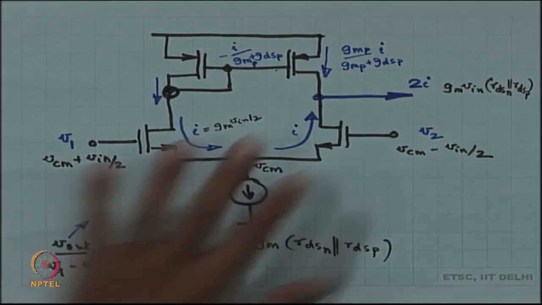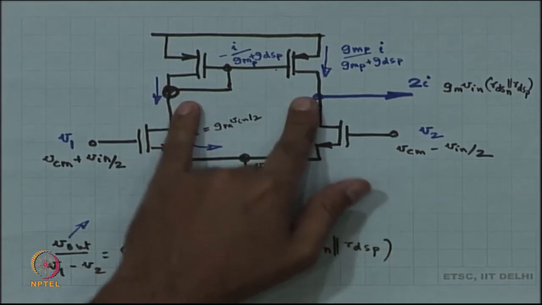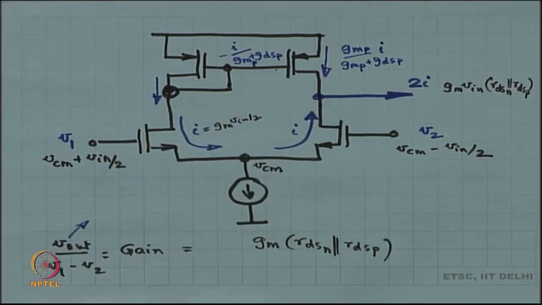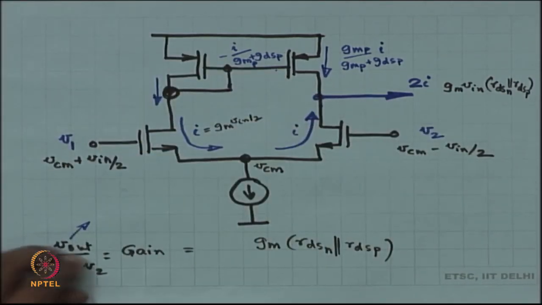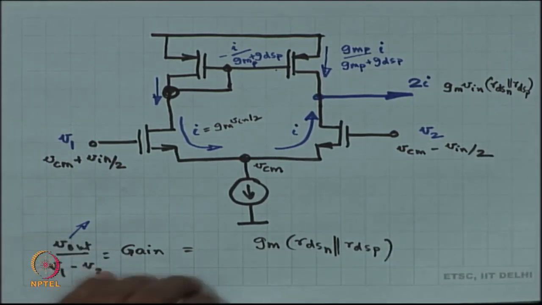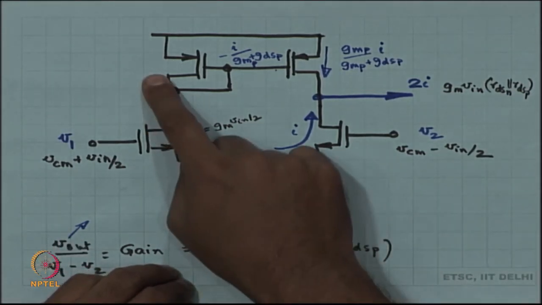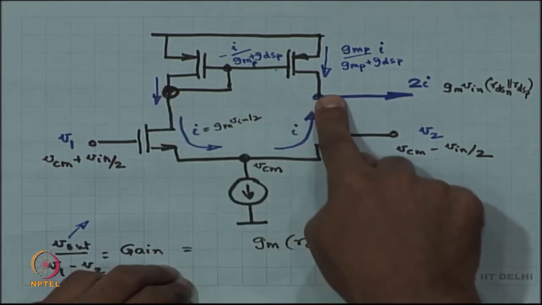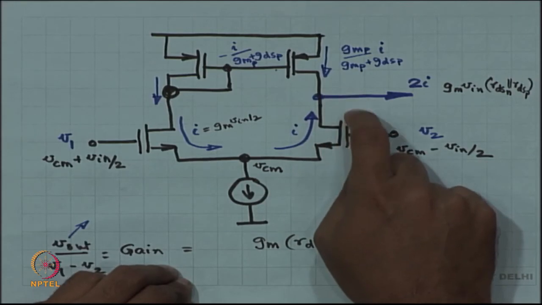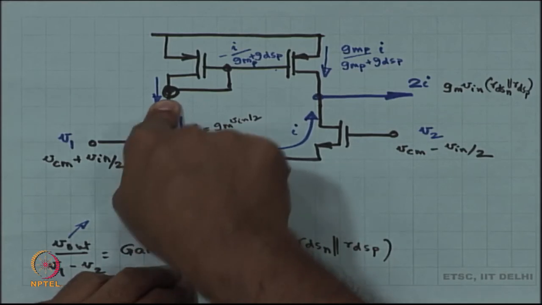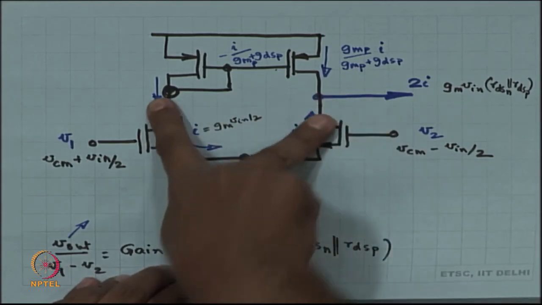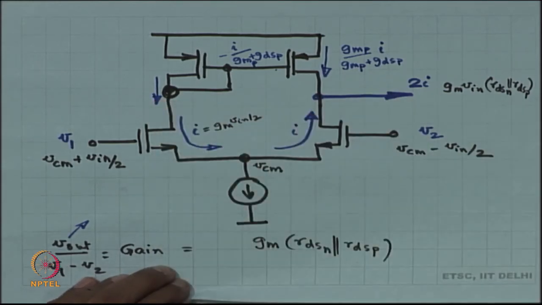What is the difference between this self-biased load and the ordinary load? Are you understanding the difference? In this case, the voltage here is more or less constant. This is oscillating, or this has a gain of 2 times. In the other case, this has a gain of minus 1, this has a gain of plus 1. Net difference is 2.